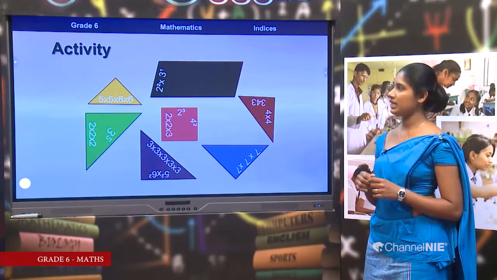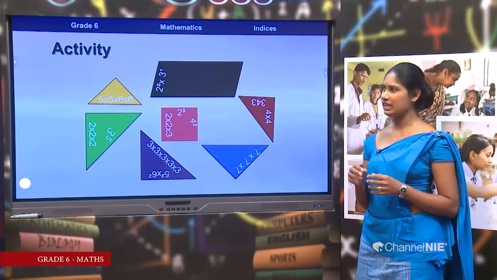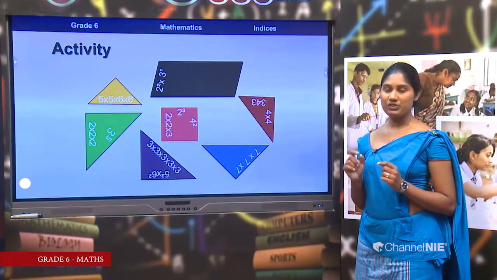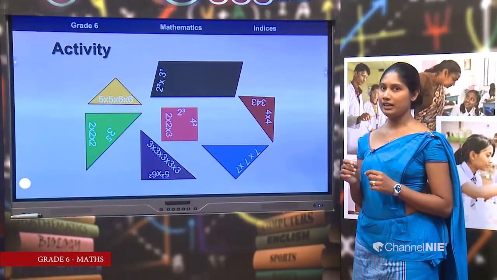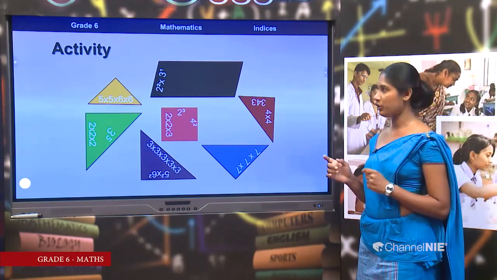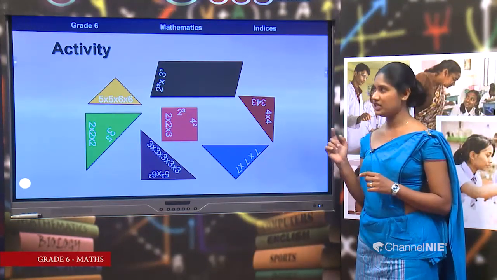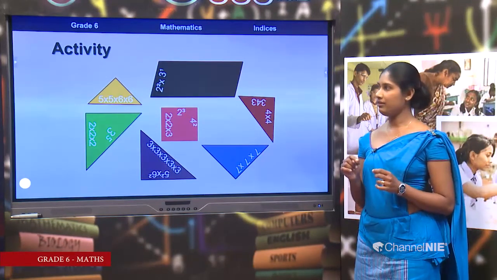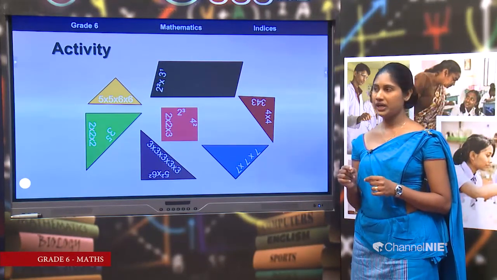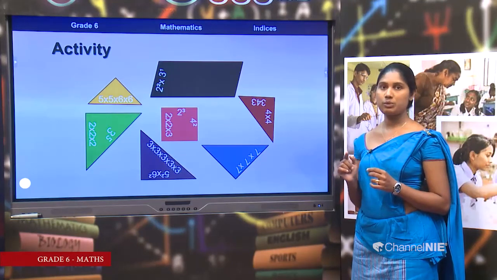Here you can see those are in many colors. Then I am going to take a triangle, the yellow colored one. You can see 5 multiplied again by 5 and another 6 multiplied.